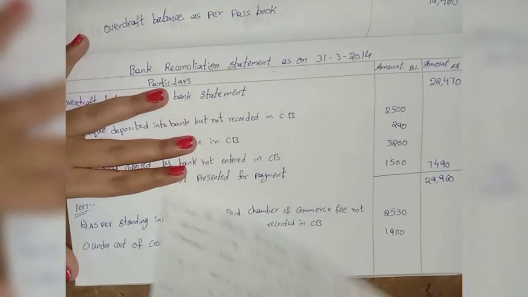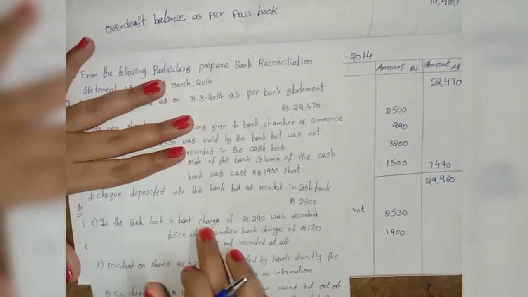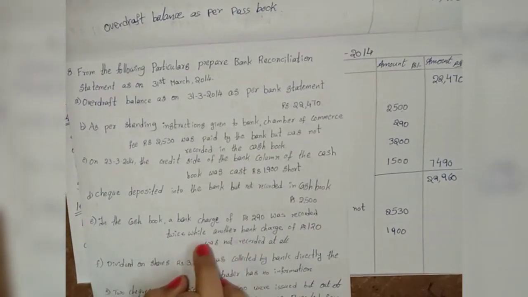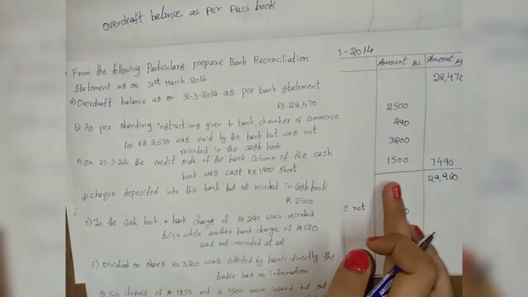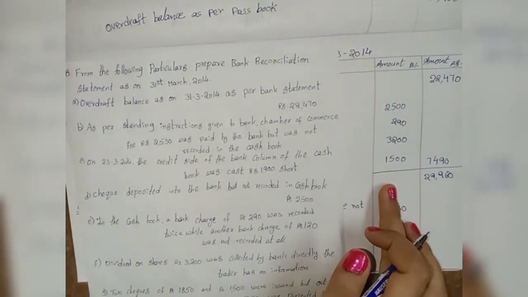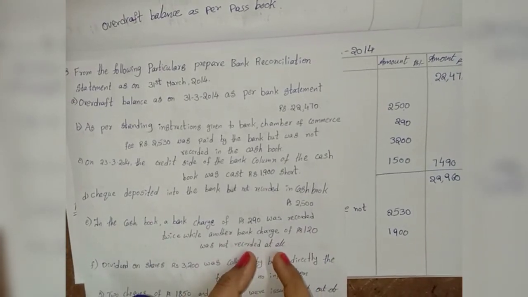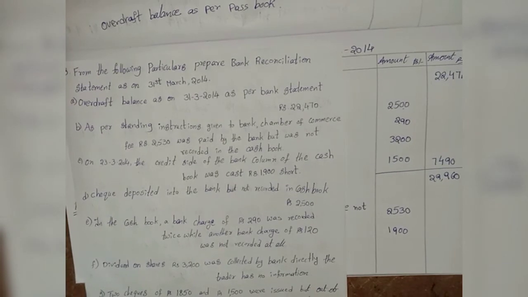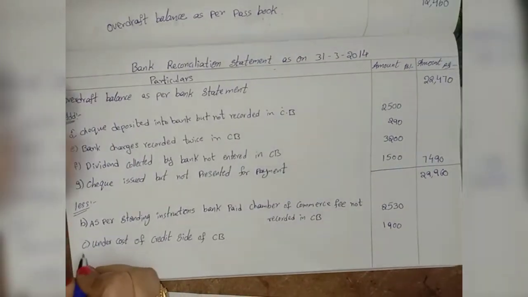And next, in the cash book, a bank charge of 290 was recorded twice. This we entered on the credit side of the passbook. And next, the bank charge was not recorded, so we have to record it on the debit side of the passbook. The debit side has a minus symbol.